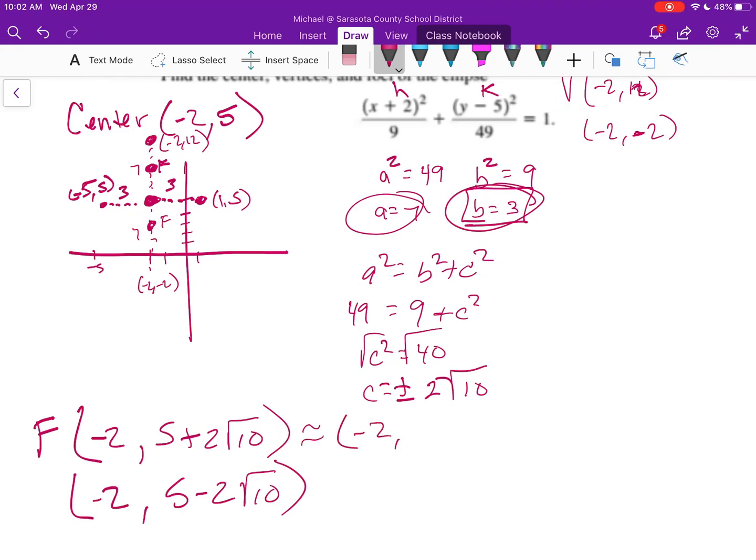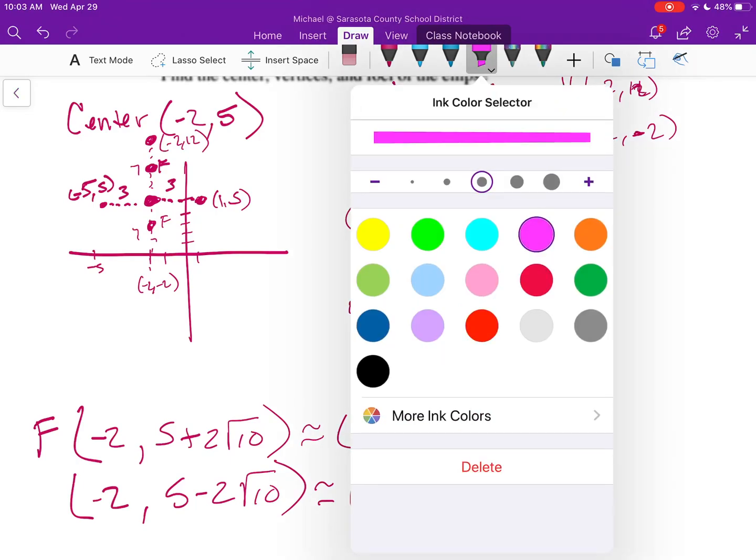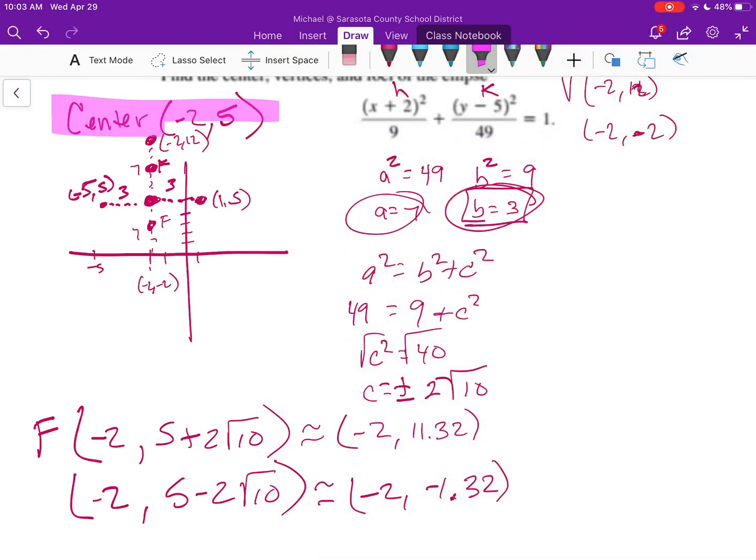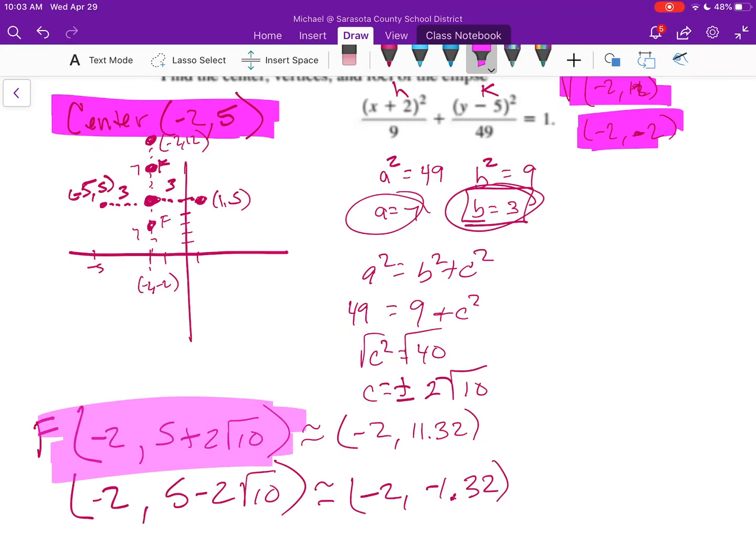So just approximately, this comes out to be -2, and then about 11.32, and then approximately -2, and roughly -1.32 there, rounded to the nearest hundredth. And so we have our center, we have our vertices, and we have our focus points.